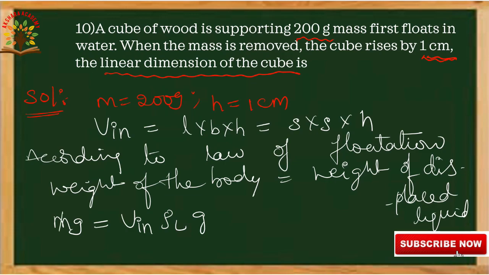Here g gets cancelled on both sides. So m is equal to V, which we wrote as s squared into h, that is s squared into 1, into rho L, and the density of the liquid is 1.